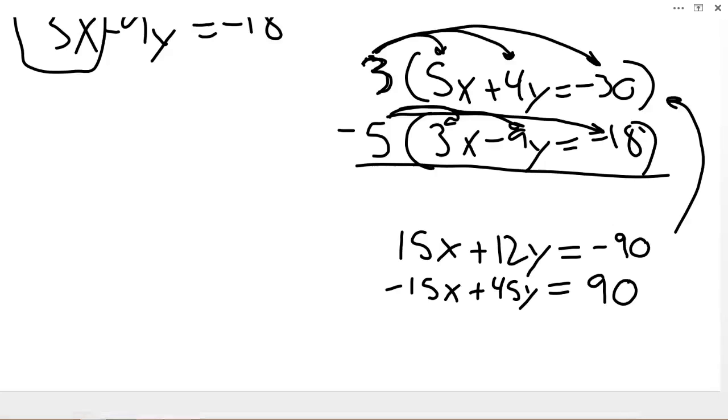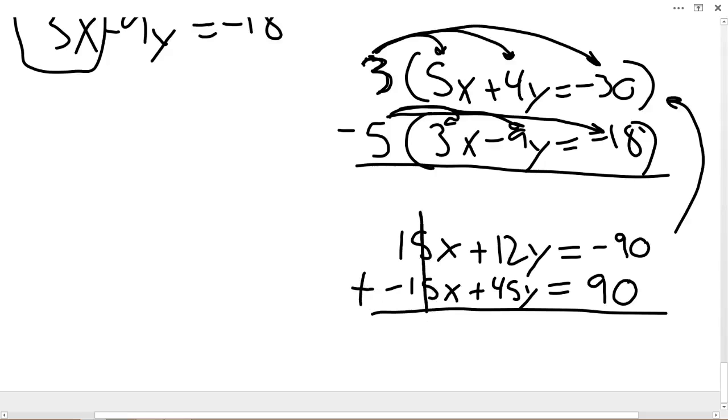Okay. So let's look at this. Before we do anything, let's really think about this, you guys. There's actually multiple things we could cancel out here, right? If we're going to add these, we could cancel out these 15x's, right?